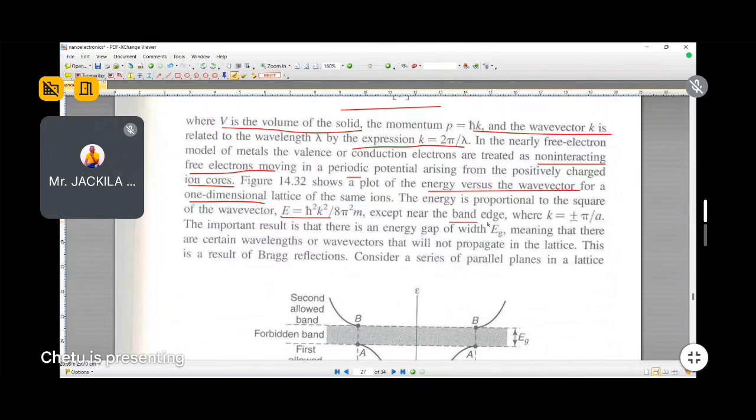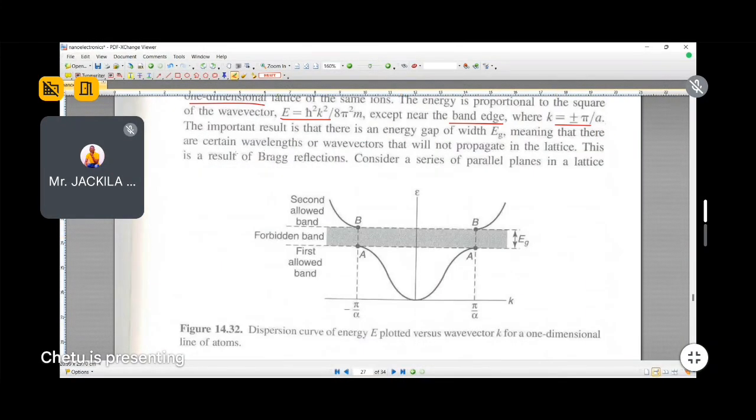Near the band edge, k equal to plus minus pi by a, it becomes infinite. The important result is that there is an energy gap of width Eg, meaning that certain wavelengths or wave vectors will not propagate.